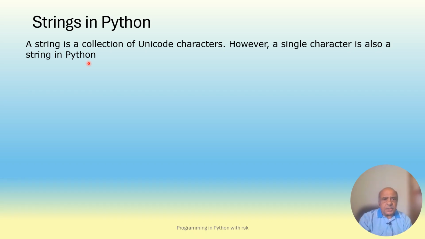A string in Python is a collection of Unicode characters. What we have seen in the earlier slides is that there is no data type called char which can carry 1 character in Python. In Python, a single character is also a string.